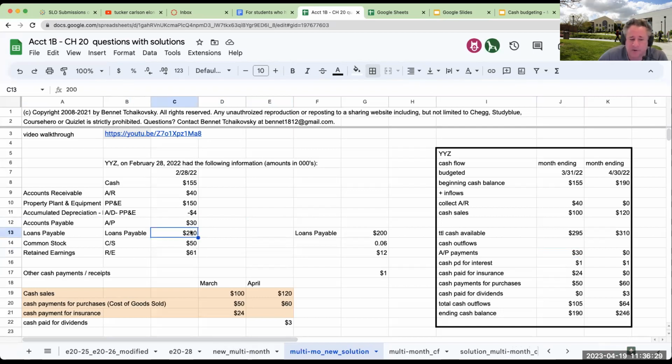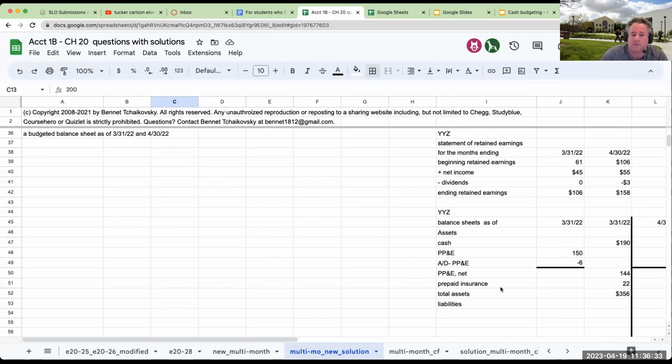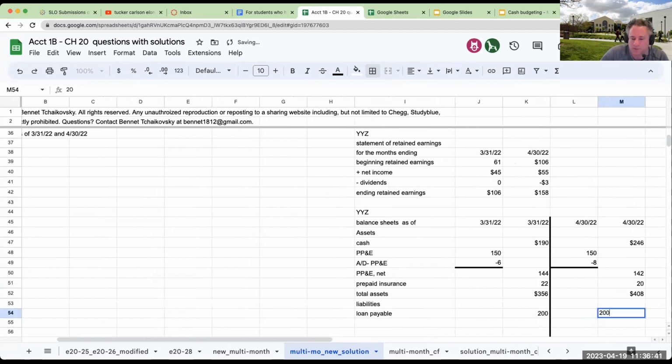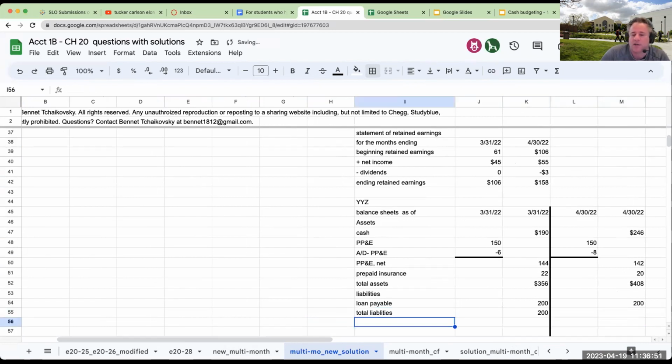But I have a loan payable at 200. Again, you don't have to worry about if it's current or non-current. I don't have any other liabilities. There's no interest payable because I'm paying cash on the loan each month. So my total liabilities is going to be 200 and 200.